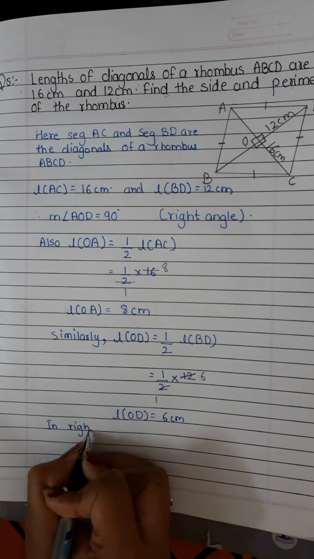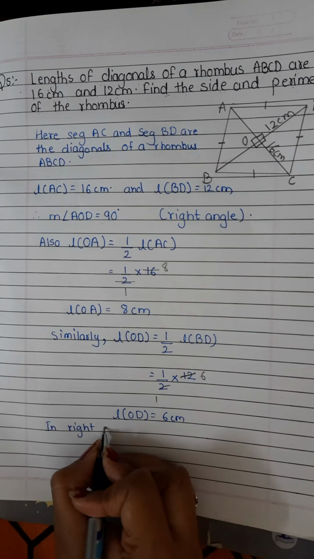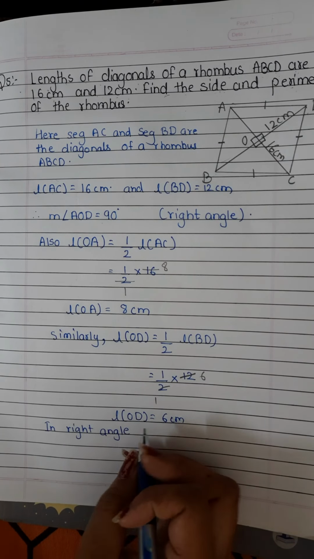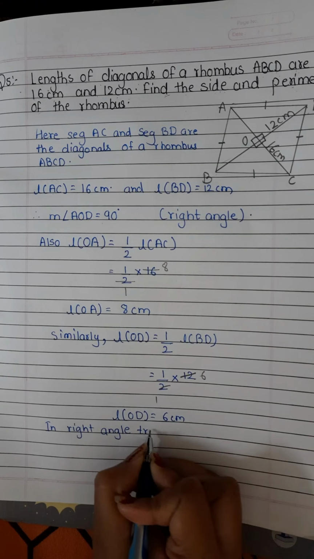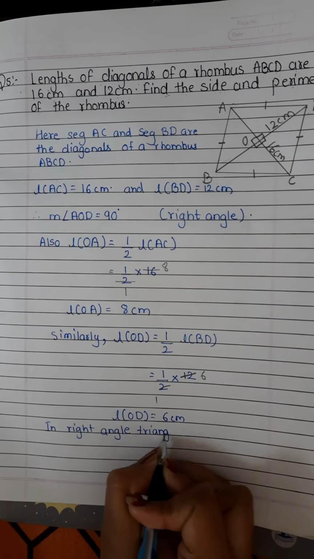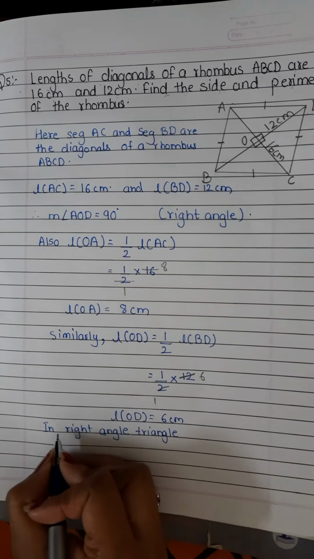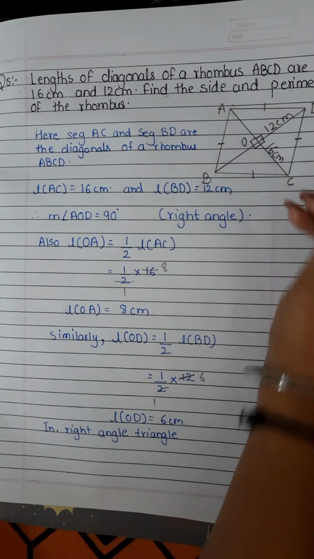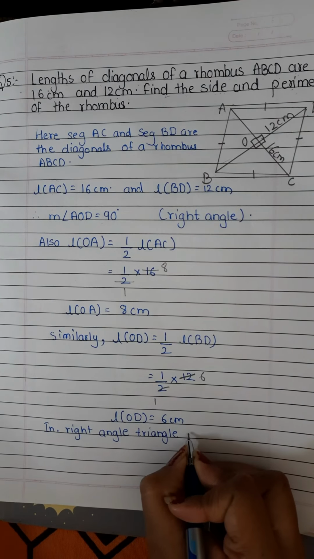Now, by using the Pythagoras theorem, we will get the side AD.